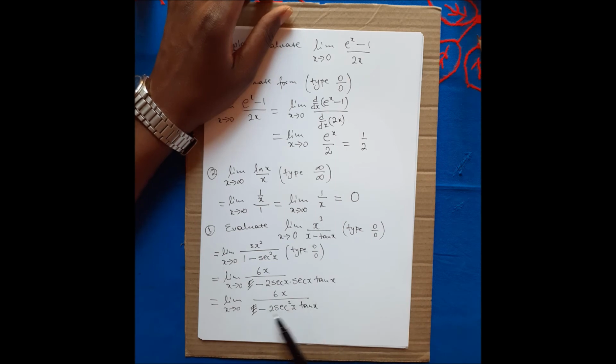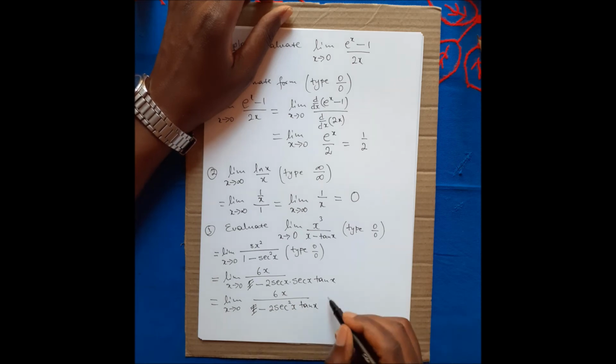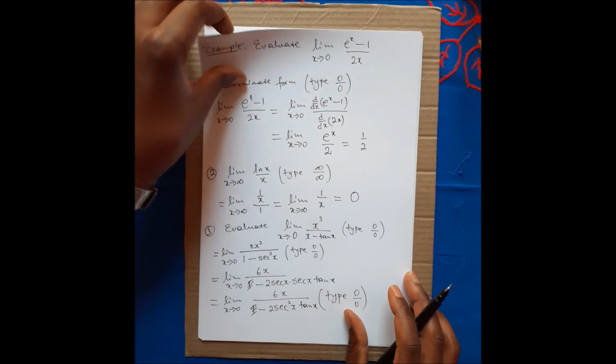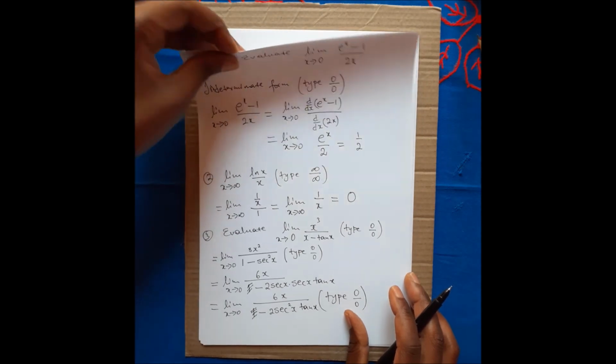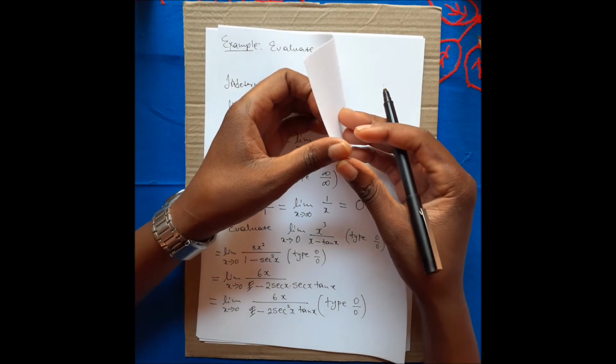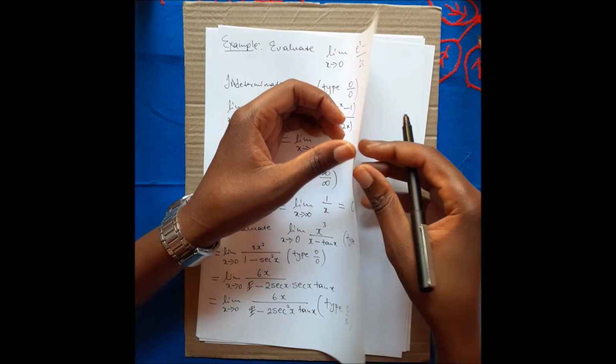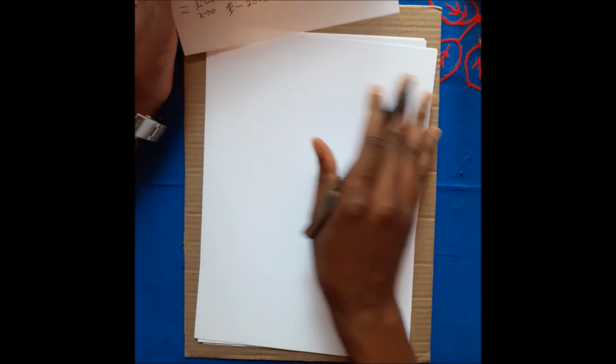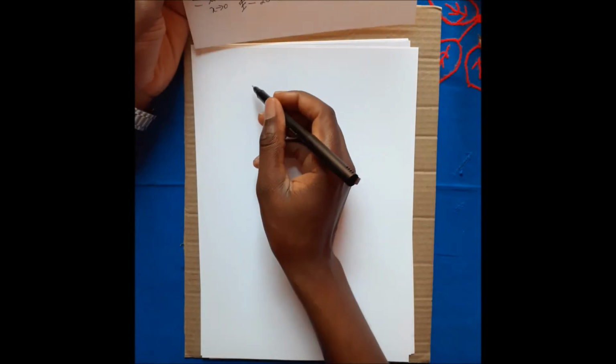So we are saying that when we substitute 0, we get 0 over 0, because this will be 0. So this is type 0 over 0 again, so we apply L'Hopital's rule. This is what is going to happen.